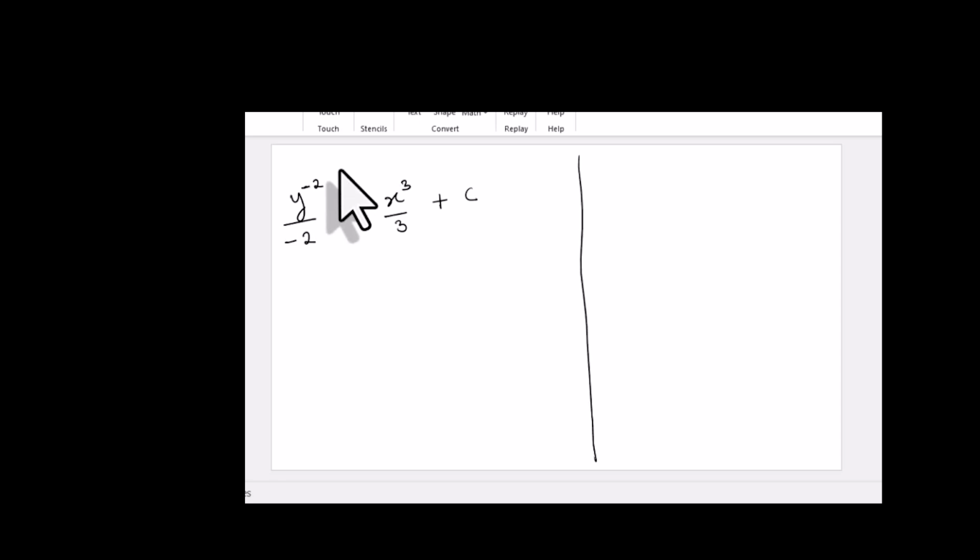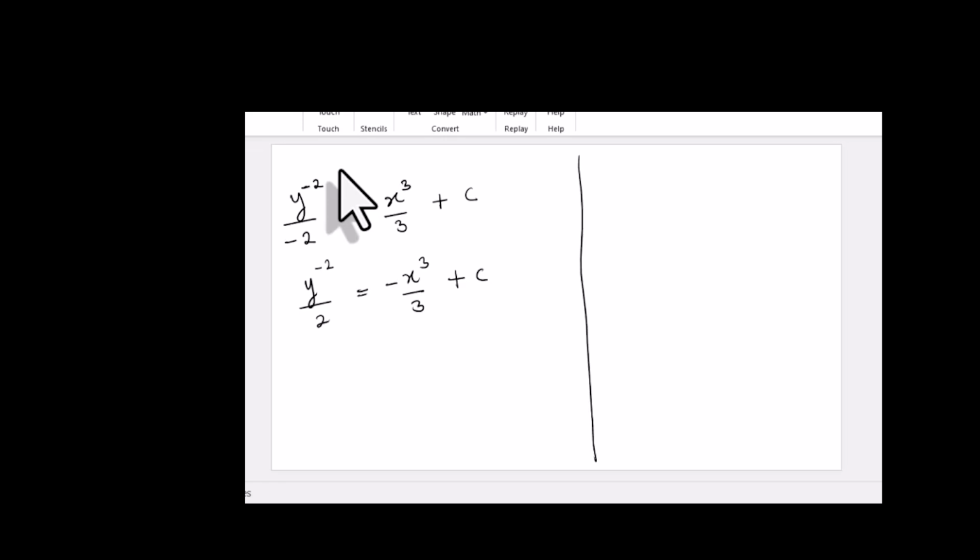So you can multiply all through by minus, and you're going to have y to the minus 2 over 2 equals minus x raised to the power 3 over 3 plus c.